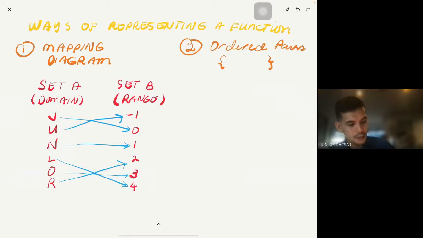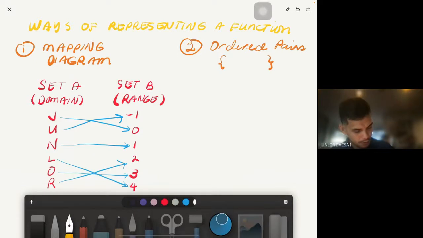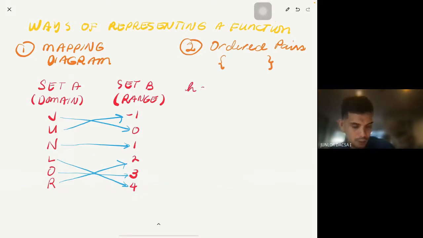Okay, so let us say that this is a relation H, and we name it as relation H. So using the first example in mapping diagram, let us convert that into a set of ordered pairs to represent that as a function. So set of (J, 0). Iko-convert lang natin yung mga elements na nag-corresponds from the first element to the second element into ordered pairs.